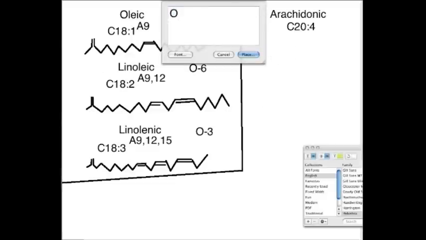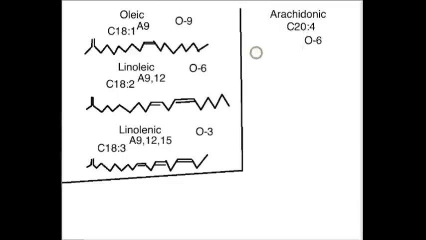Like I said, this is going to be an omega-6, and this one you'll notice is weird, because based on where the bonds are, you're going to think, oh, it's going to be 9, 12, 15, 18, but it's actually not. This one's 5, 8, 11, 14.